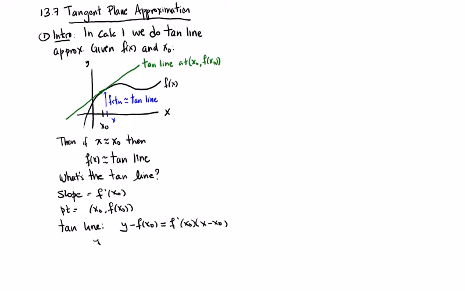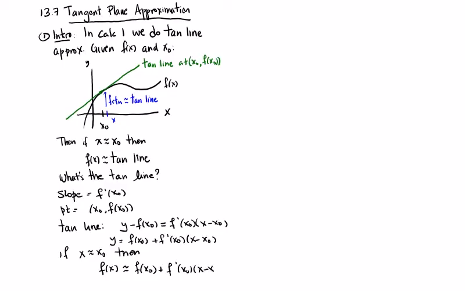In other words, y is equal to f of x0 plus f prime of x0 times x minus x sub 0. Then what we can say is, if x is close to x0, then f of x is approximately the tangent line. So that's what happens.